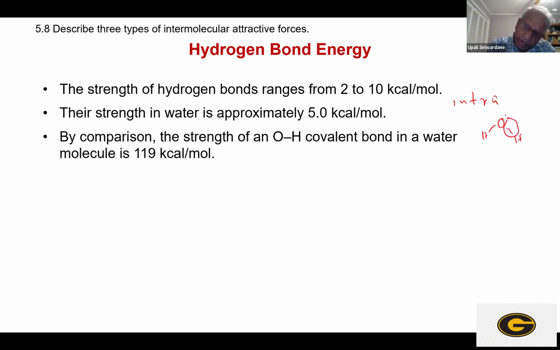That's the covalent bond. It is much higher. As a rule, intermolecular forces are not intramolecular forces. The hydrogen bonding is intermolecular, between two water molecules.